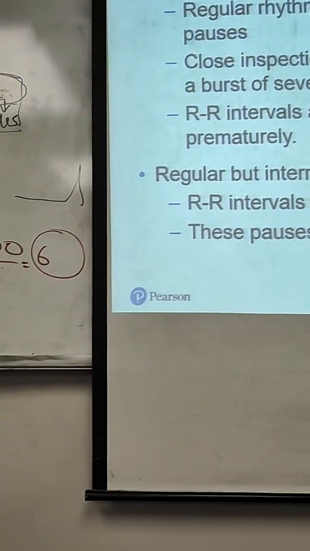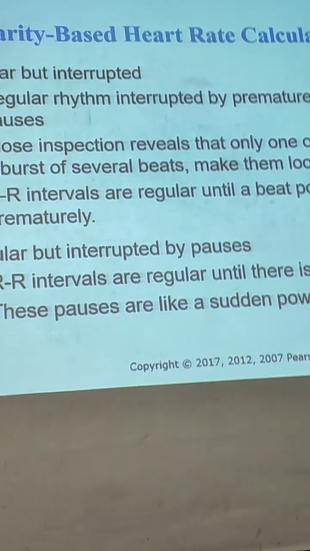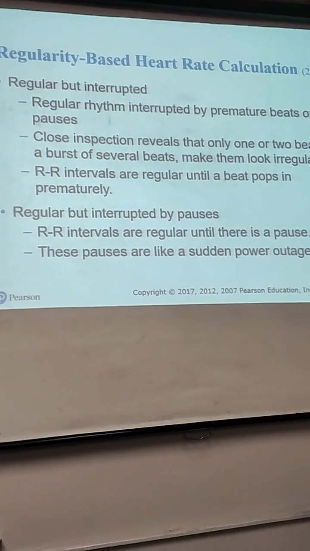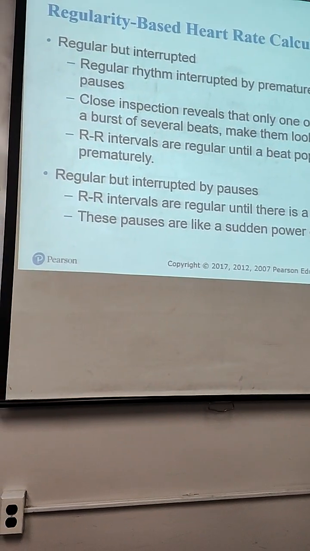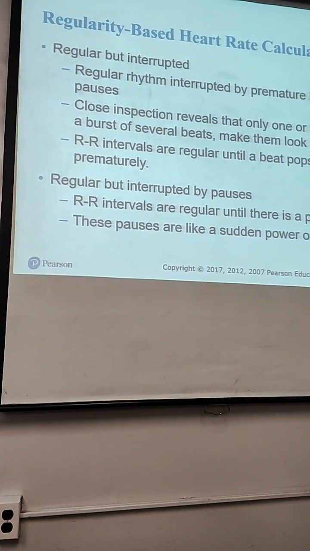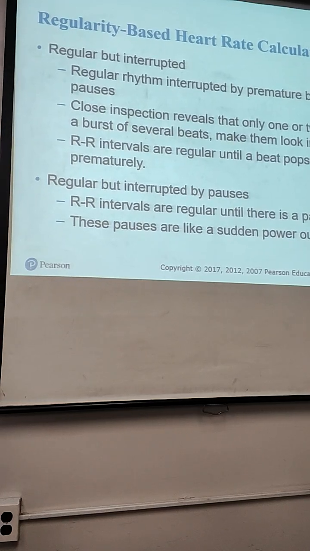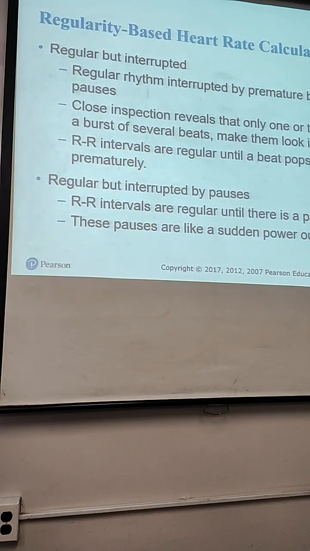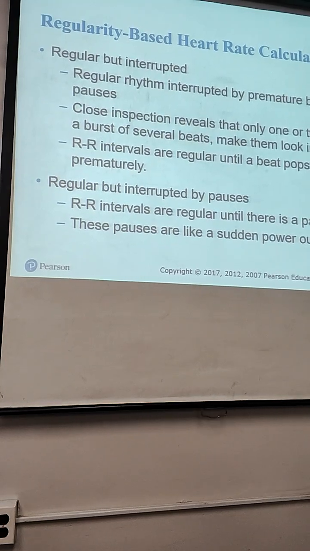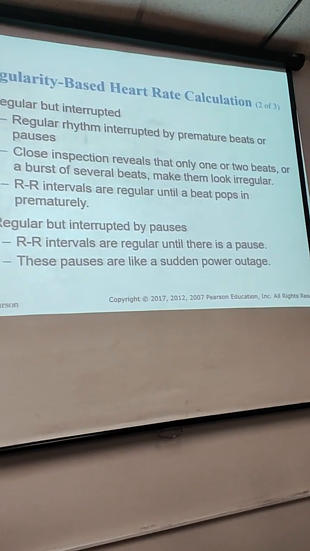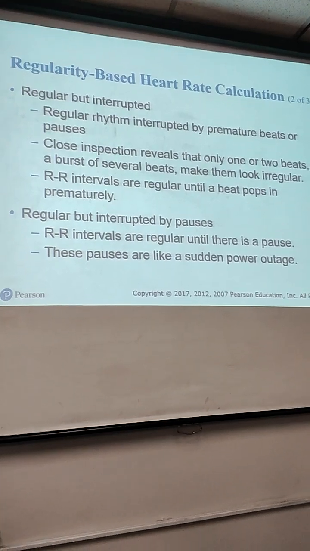They say regularity based on heart rate calculations. Now we're going to talk about these different presentations of an EKG. Still considered regular, but due to something that happens only once during all these heart cycles. So regular rhythms interrupted by premature beats or pauses.